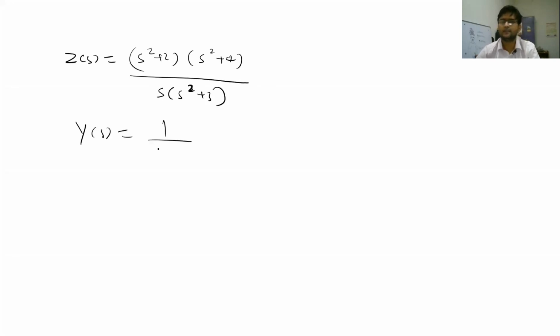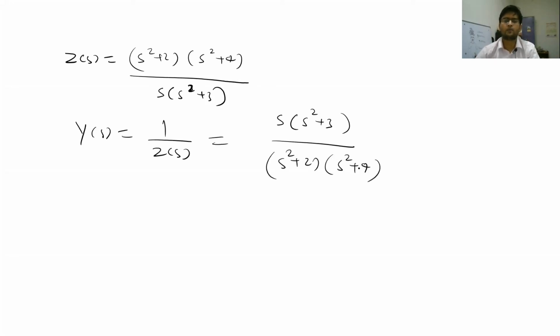It is basically the reciprocal of the impedance function. So you will get s into (s square plus 3) divided by (s square plus 2) into (s square plus 4). So now you see that the numerator has a degree less than the denominator, so we can directly take partial fractions of this particular function.